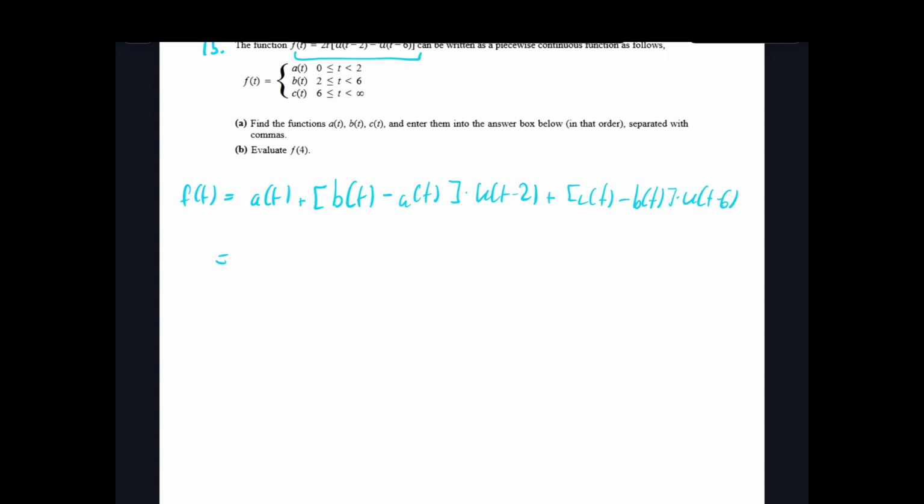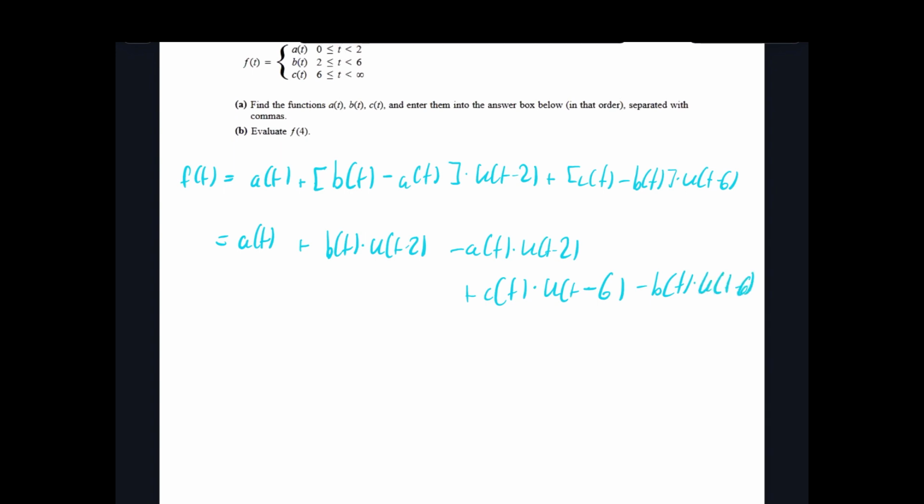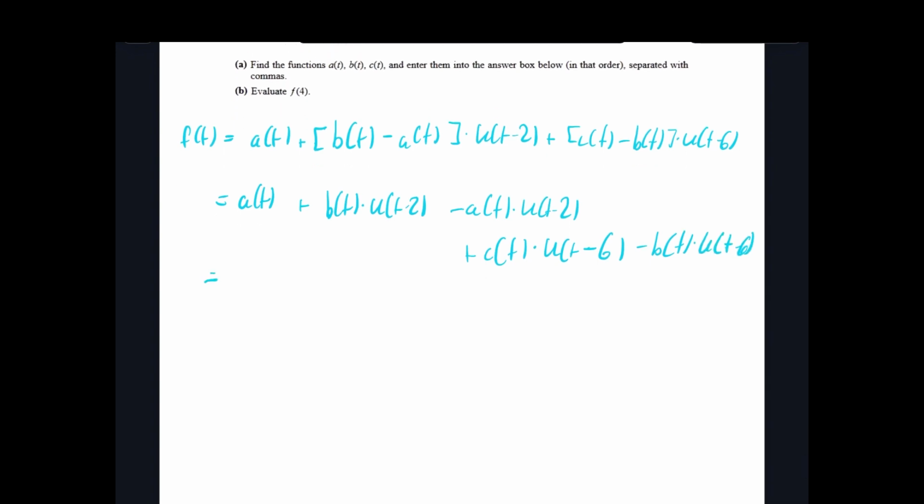So expanding and simplifying, we're going to get a at t plus b at t times u at t minus 2 minus a at t times u at t minus 2 plus c at t times u at t minus 6 minus b at t times u at t minus 6, and then isolating and everything, plus b at t times u at t minus 2 minus u at t minus 6 minus a at t times u at t minus 2.